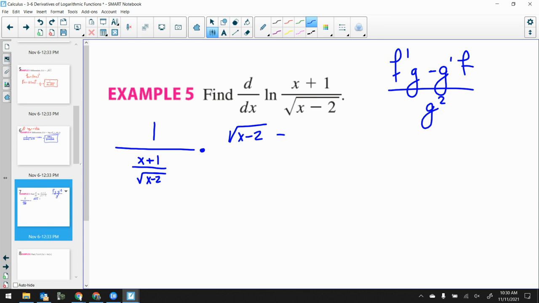Now, the derivative of the square root of x minus 2. Remember that this is really just (x minus 2) to the 1/2 power, right? So when I go to find the derivative, that is 1/2 times (x minus 2) to the negative 1/2 power.